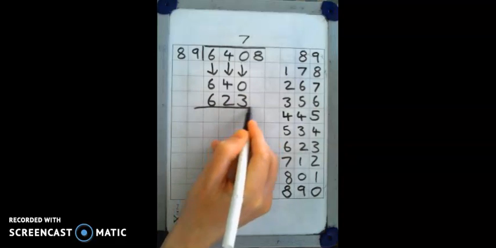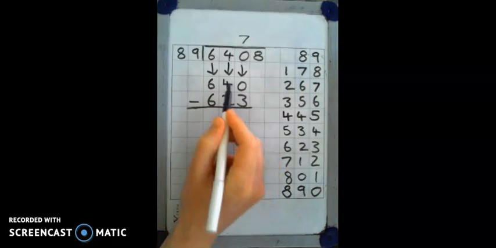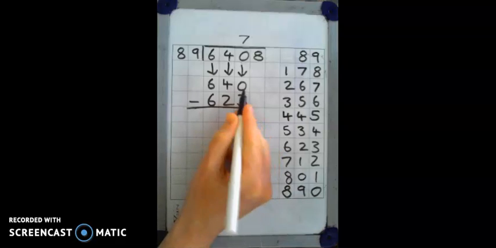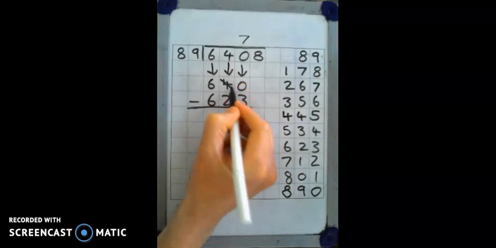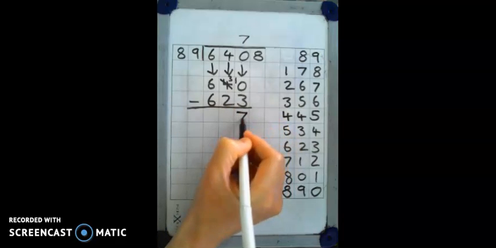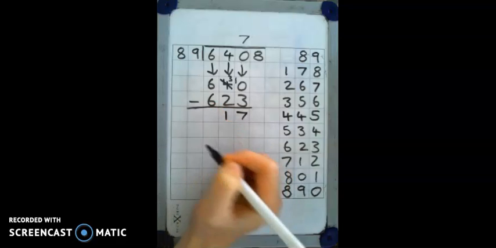After multiply comes S for subtract. So we're going to subtract 623 from 640. We can't take 3 away from 0, but we can take 3 away from 10. That's 7. 2 taken away from 3 is 1. 6 taken away 6 is 0.